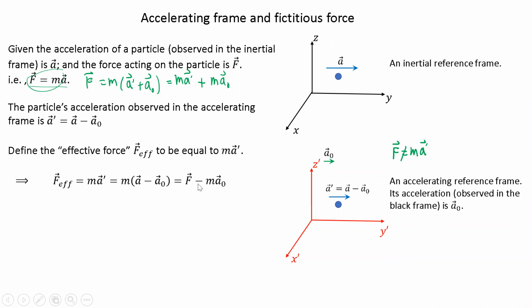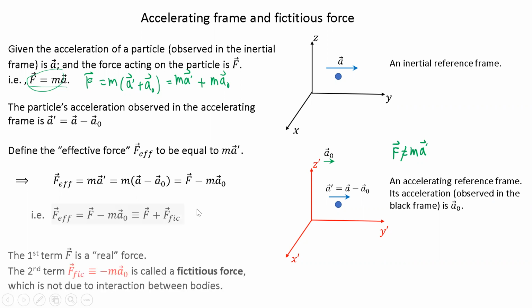Then if you do that, you can use the form F equals ma in this accelerating frame. So F effective is not just the real force, but with an additional term. And I'll call this additional term, minus m a naught, the so-called fictitious force or pseudo force.